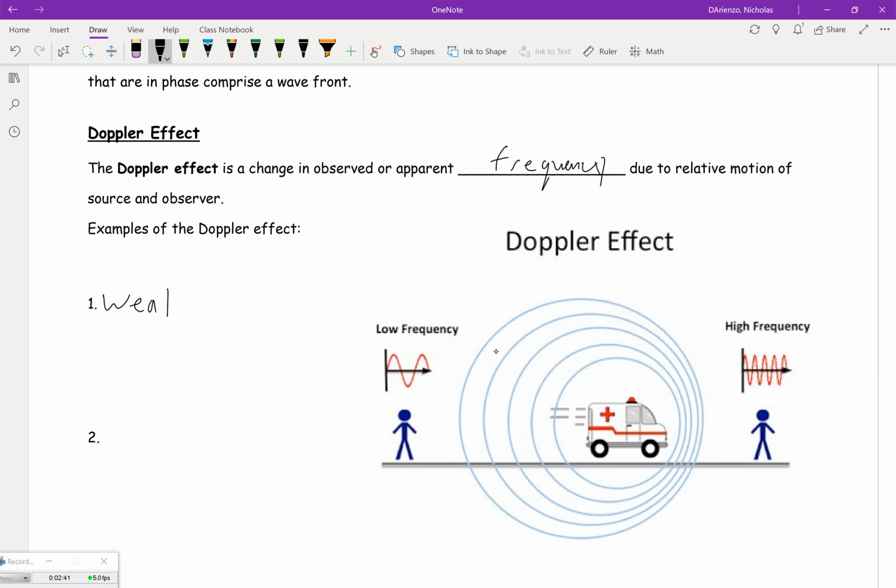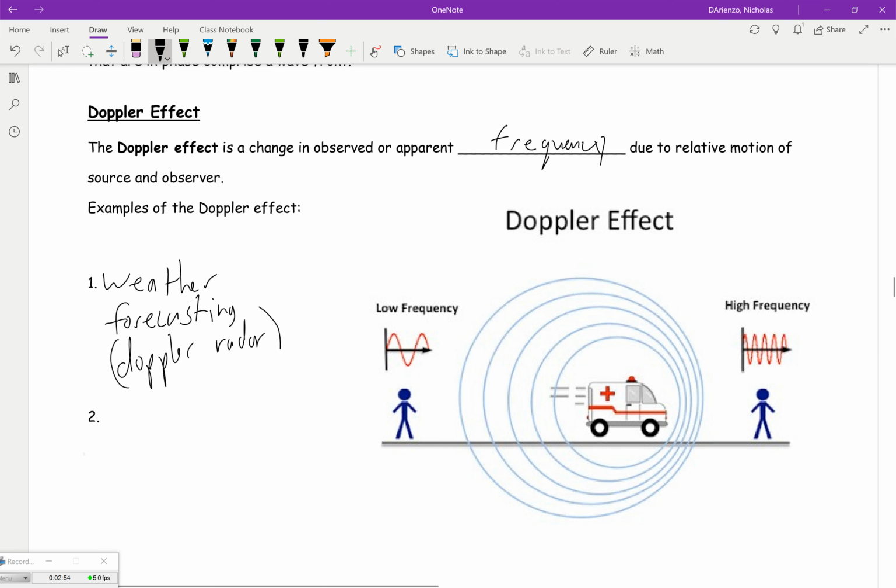We use this a lot in weather forecasting. Sometimes you'll see that on the broadcast it says Doppler radar. It would be using this phenomena of waves, which we'll talk about in a second. And another example is police work with radar guns.